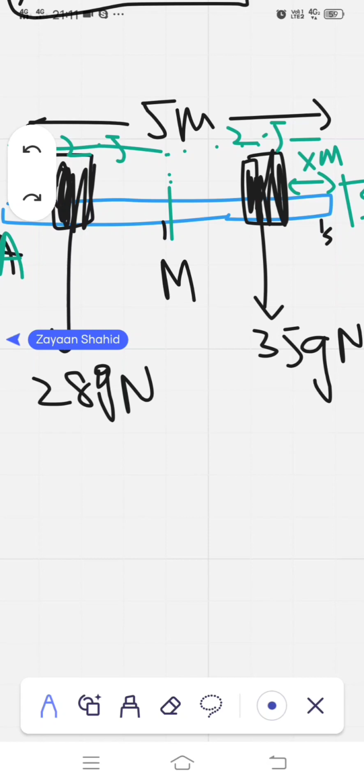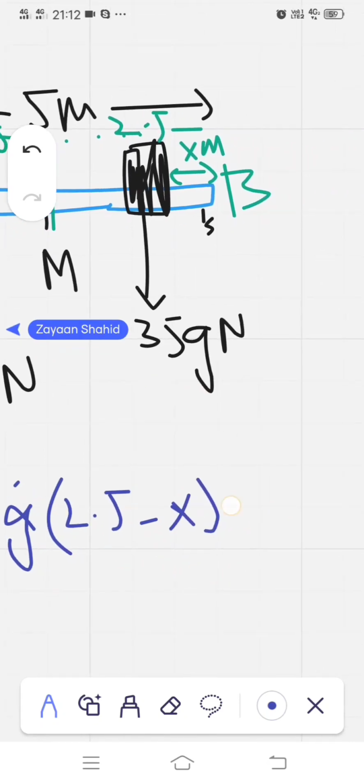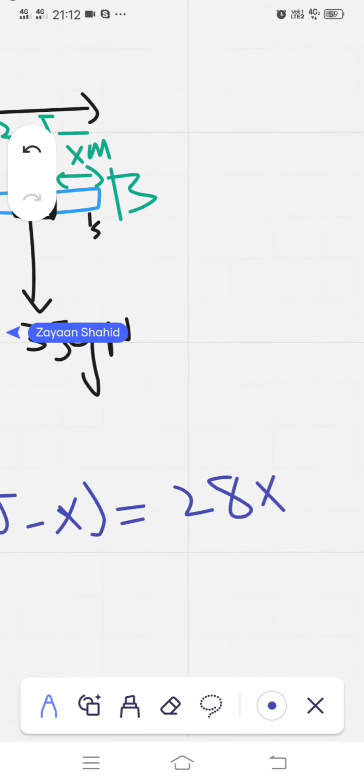So clockwise moment for 35 kg, we take 35 and the distance of 35 is 2.5 minus x. You can see the figure. This is equal to 28 and the distance of 28 G is 2.5.